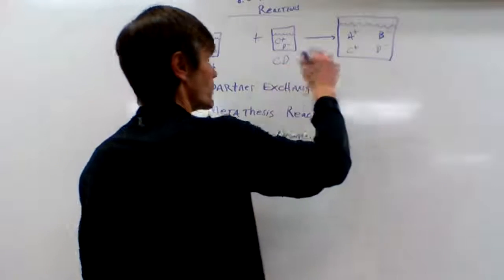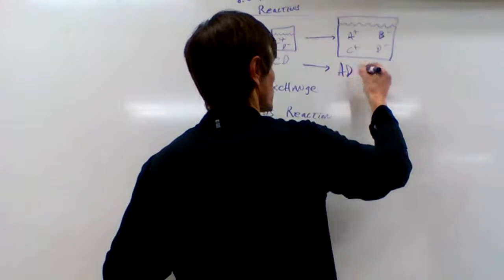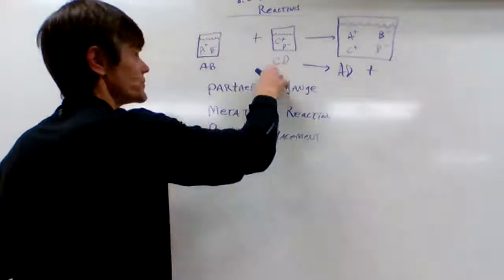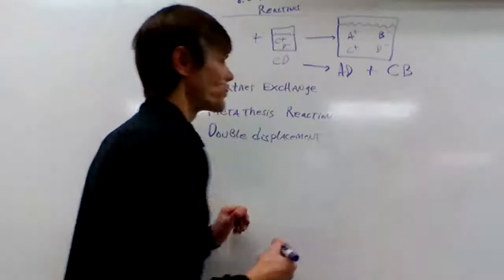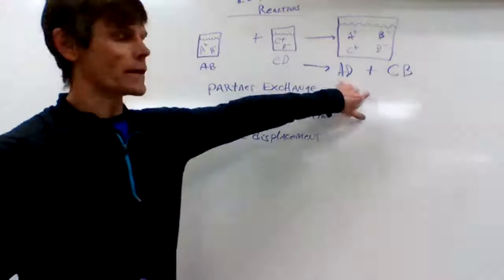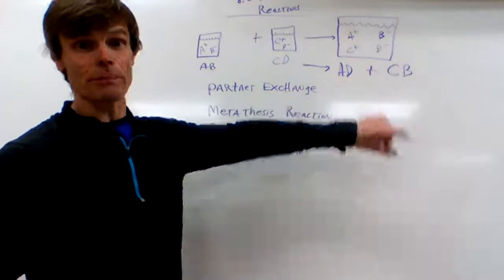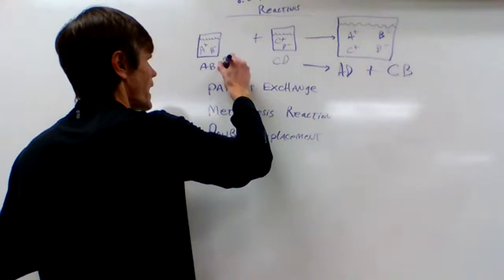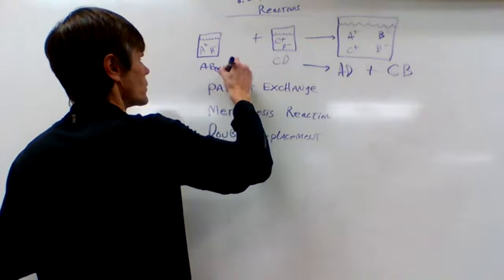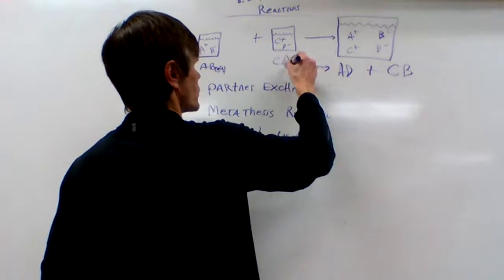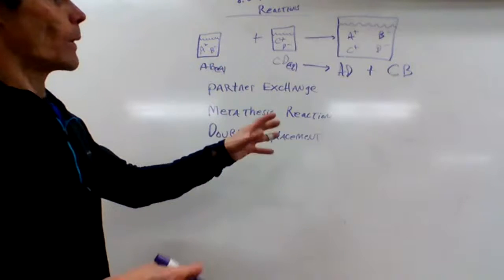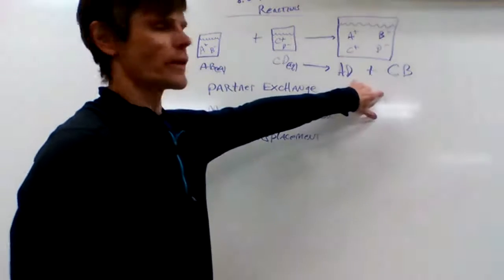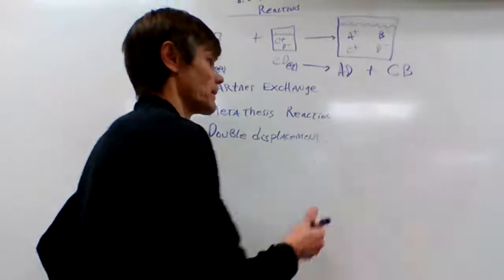Would A combine with D and C combine with B? At the end of the process, are any of those going to form a solid precipitate? Right now, when we add them, they're all aqueous, ions dissolved in solution. When we combine them, does one of them form a solid precipitate?